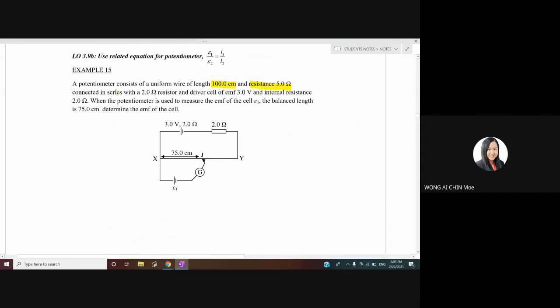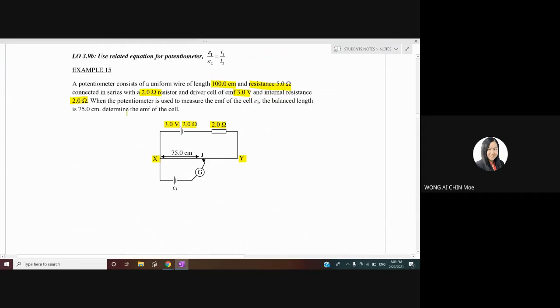It is connected in series with a 2 ohm resistor and a driver cell of 3 volt. Inside the driver cell there's also an internal resistor of 2 ohm. So there's a 2 ohm internal resistor, a 3 volt driver cell, and a 2 ohm external resistor. The total length of X to Y is 100 cm.